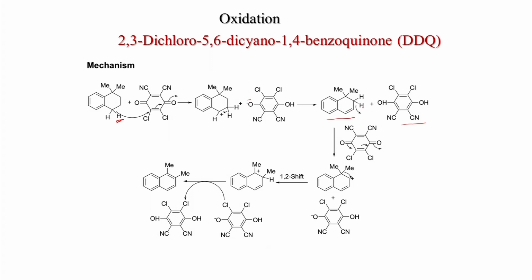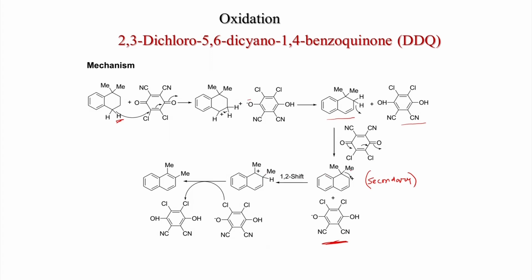Now, again one H minus will react, because this will be an allylic carbocation, that is also quite stable. So, H minus will come again to this compound DDQ, and again it will react either here or here, it will generate again an O minus here. And now this carbocation, if you see, is allylic, but it is a secondary carbocation. And we know that if there is a possibility of carbocation rearrangement, if the carbocation wants to get stabilized, like from primary to secondary, secondary to tertiary, that process is very facile, and that is what is happening here.